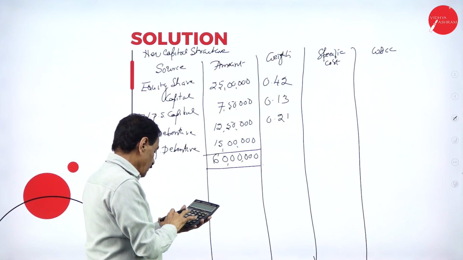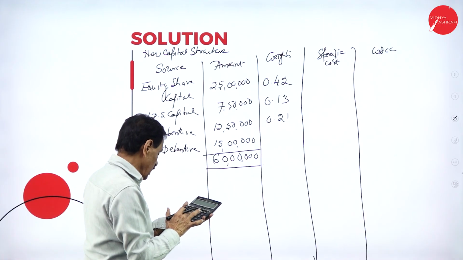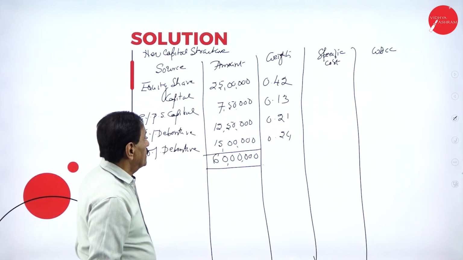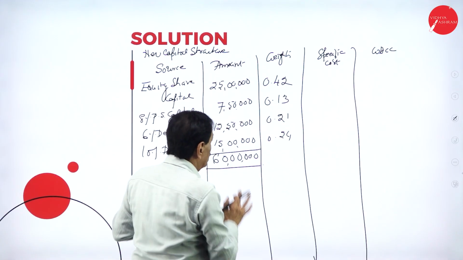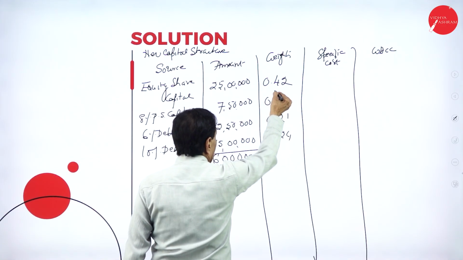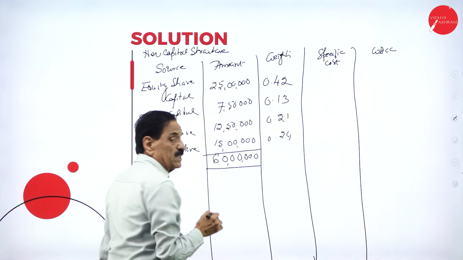Then 15 divided by 60, 0.24. So these are your weights. Totally equal to 1, no? 0.42 plus 0.13 plus 0.21 plus 0.24 is equal to 1.